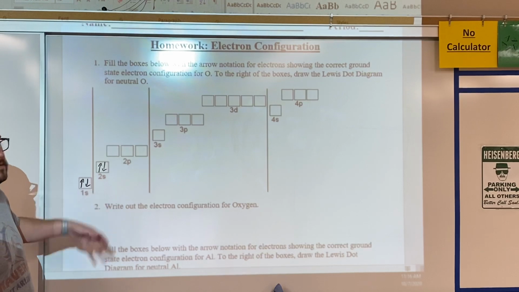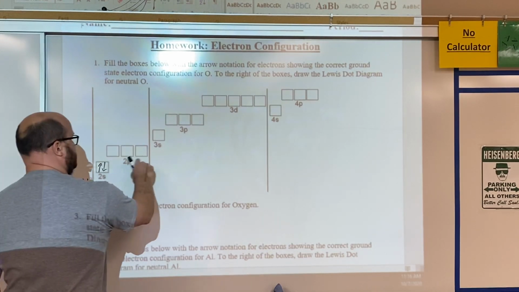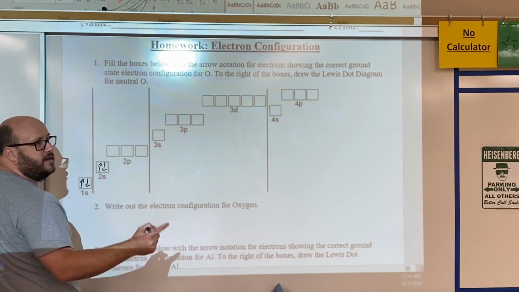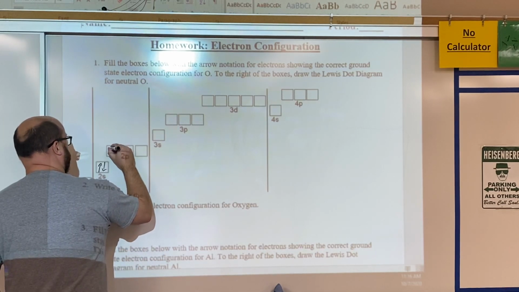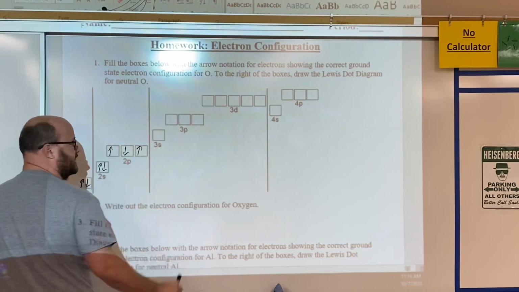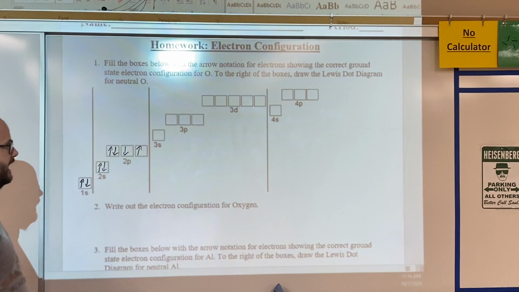That's 4. Oxygen has 8. Now when we get to 2p, we have to insert 1 electron in each energy box before we can proceed to a second one. So we got 5, 6, 7, then come back, and 8.